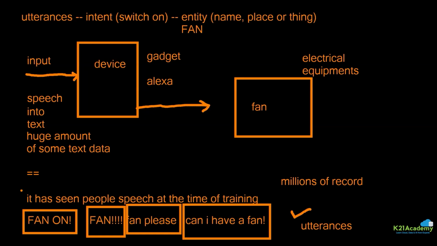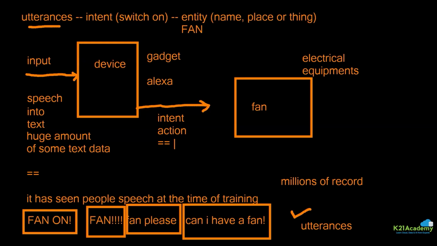So the point is, utterances will be there. Whatever the human speaks will be processed by the gadget. Once it understands the intent, it will try to find where to take this action. So it understands the intent and that the action is to switch on.